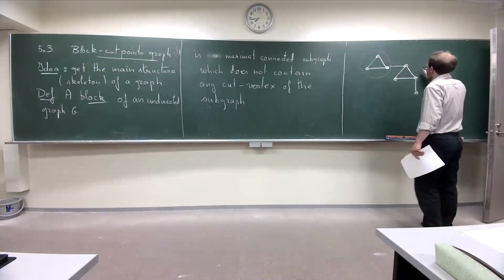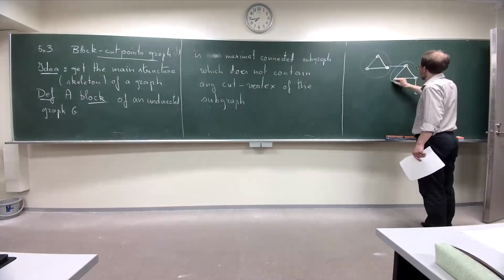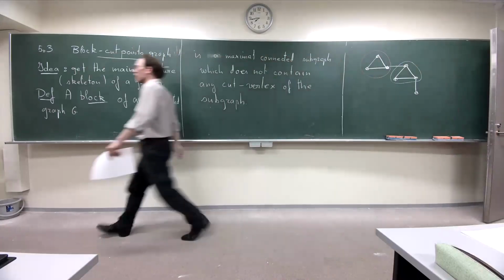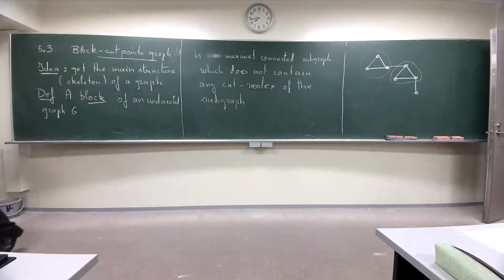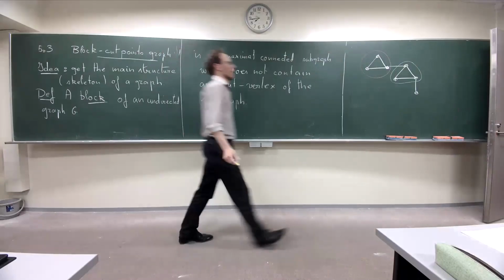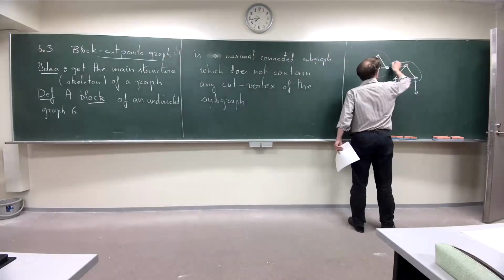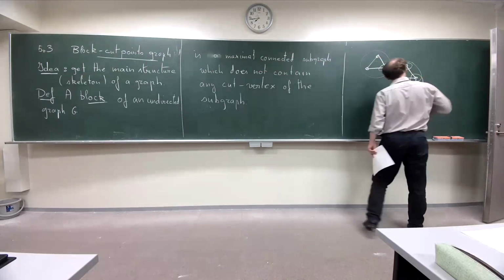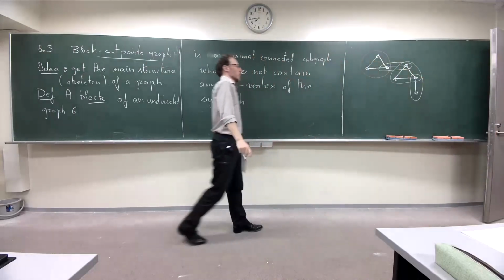Maybe I have a second one here, but that's not all. I have additional ones. This is also a block, and we have one more here. We have 4 blocks.